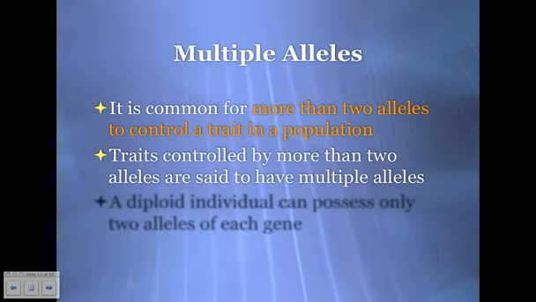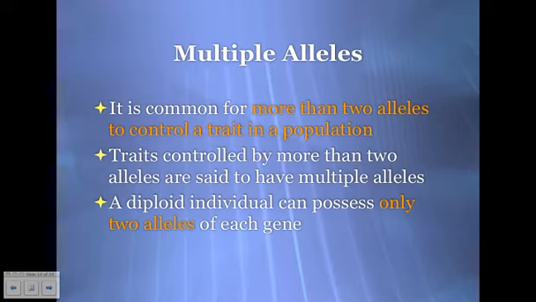The next idea involved in non-Mendelian genetics is multiple alleles. This is the one I said we'll get to in a moment. Multiple alleles is exactly as it sounds. It is very common for more than 2 alleles to exist for a trait in a population. This is one of the things I mentioned in the beginning of this lecture, saying that non-Mendelian often deals with the types of inheritance patterns where there's more than just 2 options.